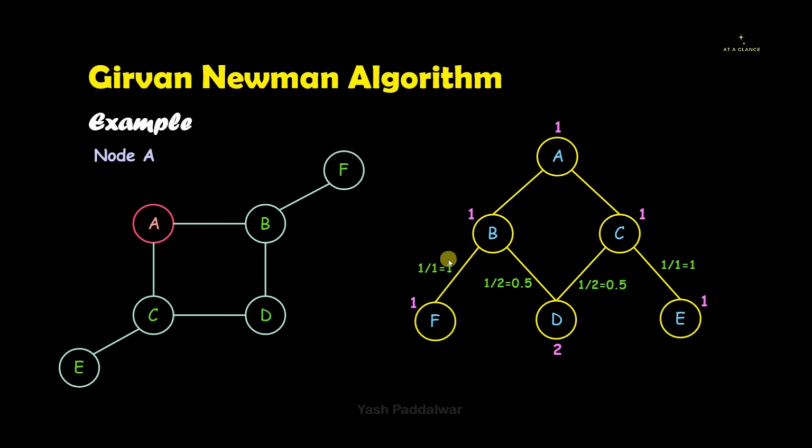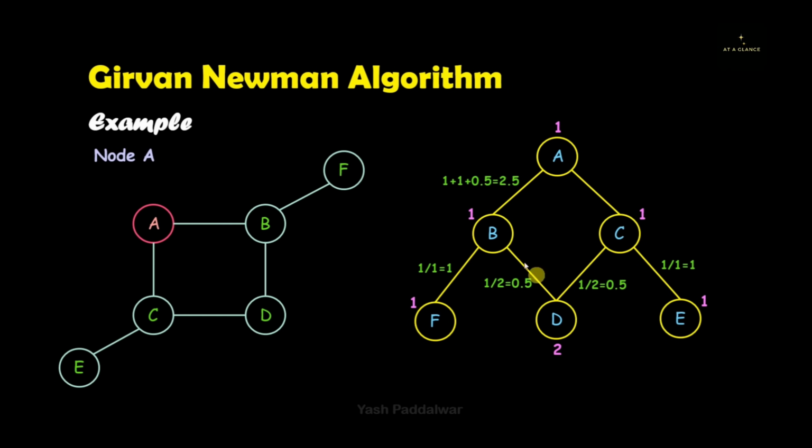Now we'll try to calculate the edge weight or the betweenness centrality of the edge AB. This is an edge which is not directly stuck to the leaf node, it is stuck to the non-leaf node. So in this particular case, you will also have to consider all the edges that node B had. Like here, node B had the edges BF and BD.